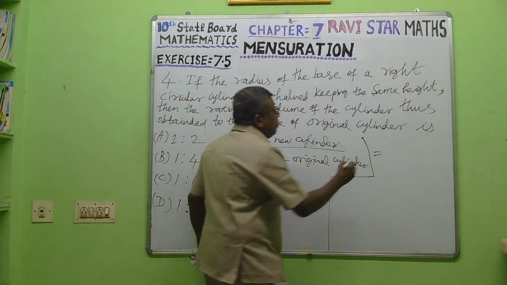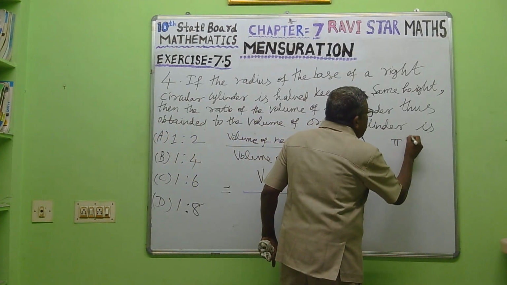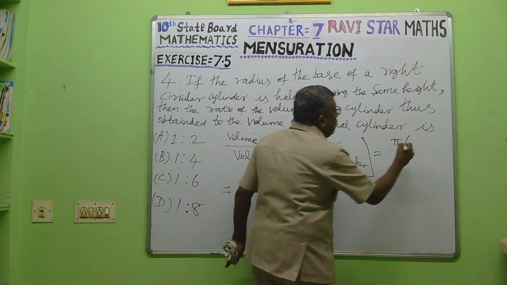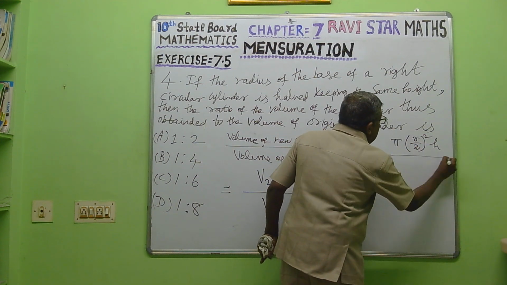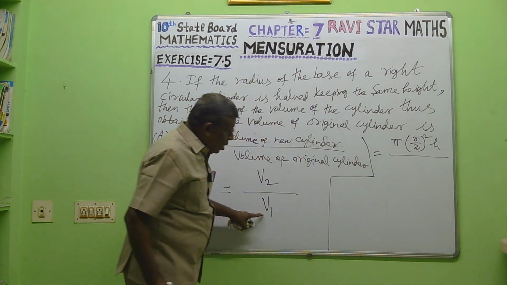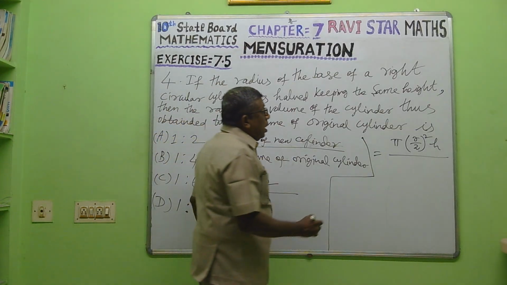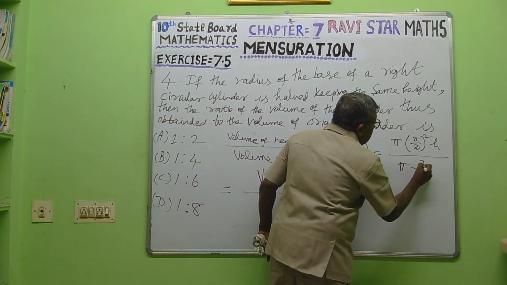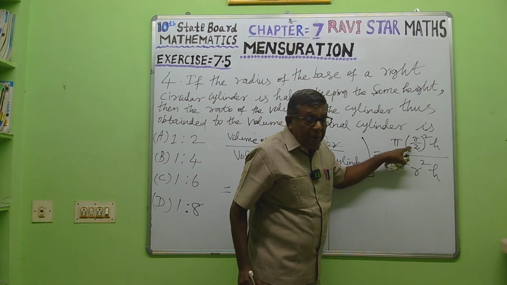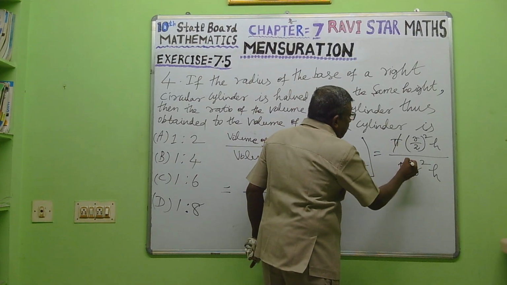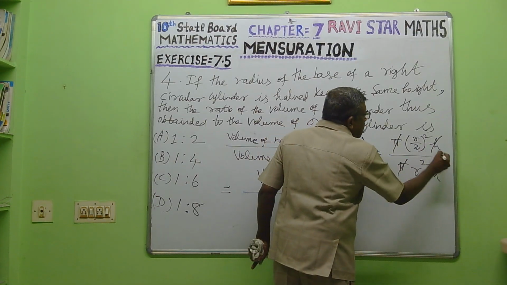Pi r squared h. அப்ப r என்ன? R by 2. Pi r by 2 squared h by volume of original cylinder, pi r squared h. ஏன்னா original cylinder radius வந்து r, new cylinder வந்து r by 2. The pi cancel. H cancel.